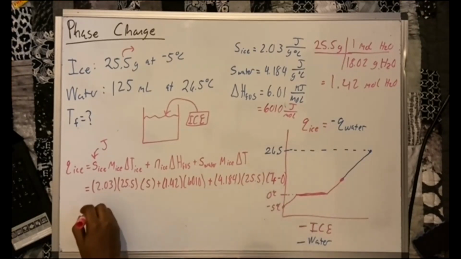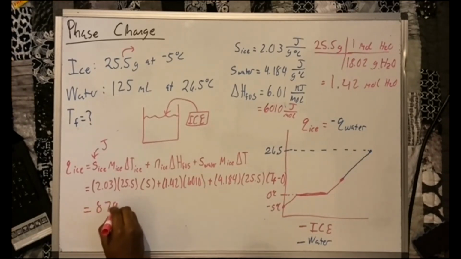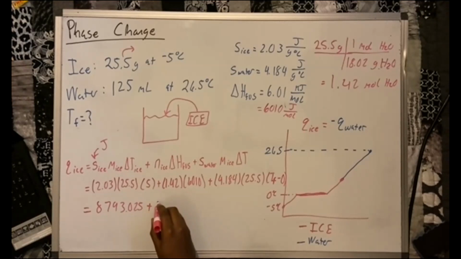So you can see the rest. Stop me if you have questions, if I'm moving too fast. Now I'm just doing math. I get 8793.025 plus 106.692 TF.